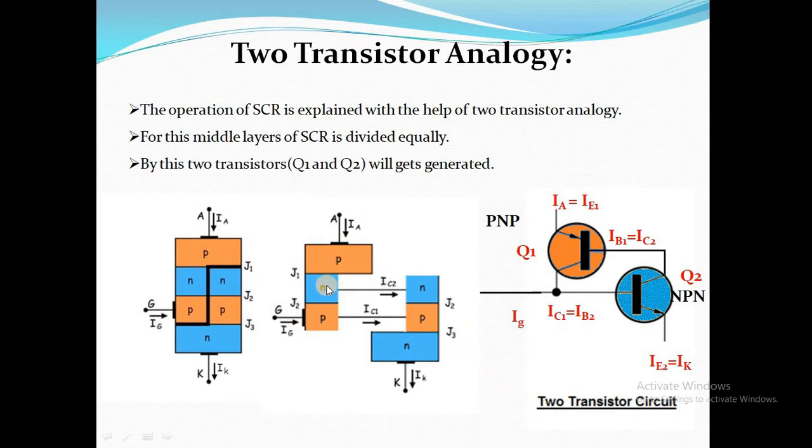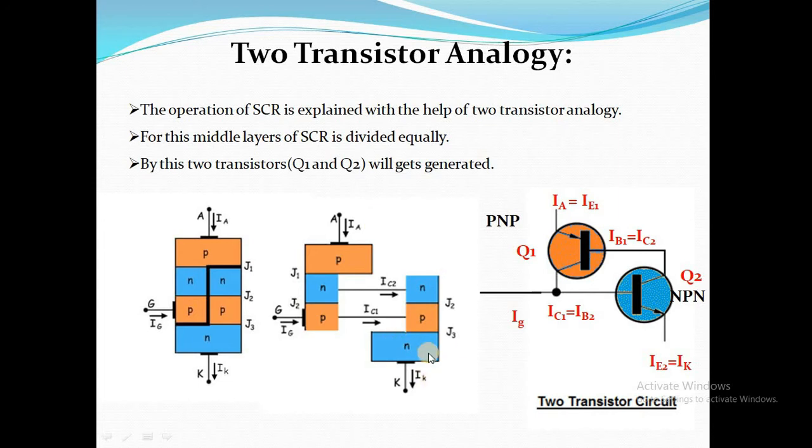Next, the middle P layer and the outer N layer form the J3 junction. So one SCR can be divided into two transistors, a PNP and an NPN transistor, and the gate is connected to the inner P layer.